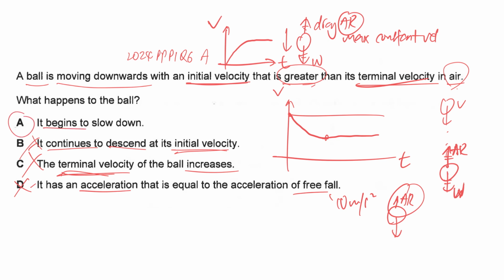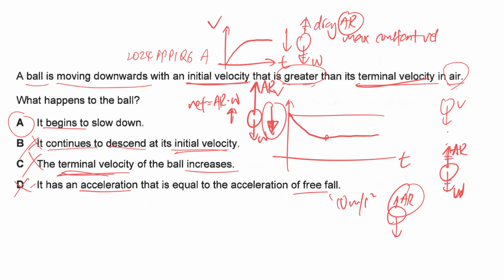So as mentioned just now, in all the possible scenarios, the object is falling downwards towards the earth and the weight is there, and at this time the air resistance is actually greater than the weight, so the net force, which is the air resistance minus the weight, is upwards, opposite to the motion of the falling object.